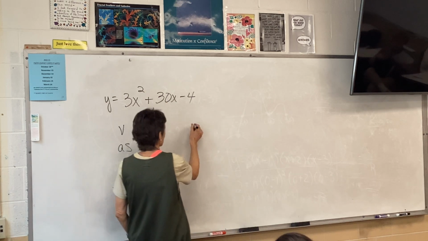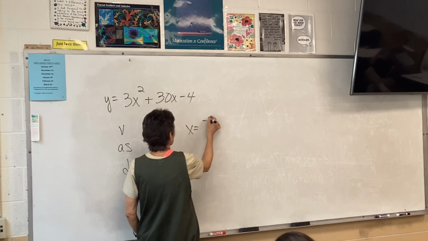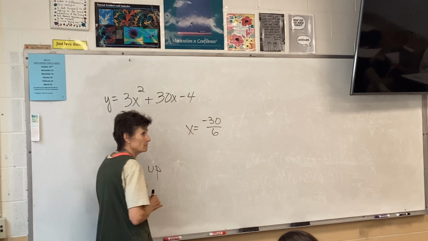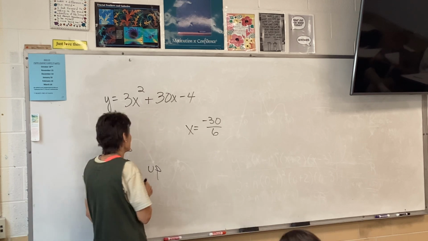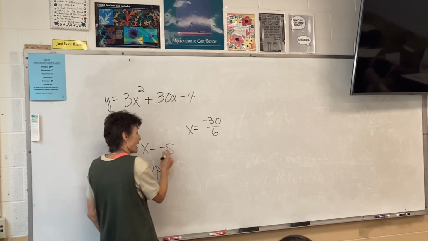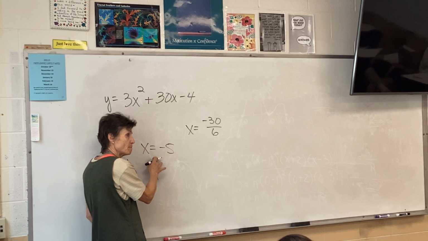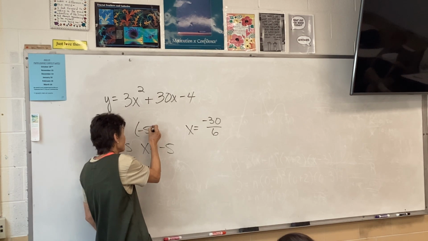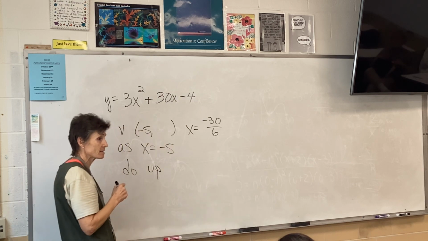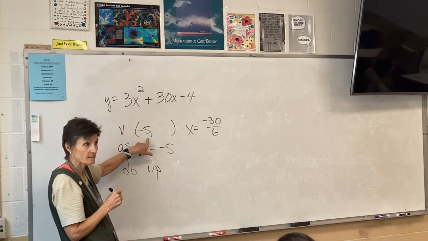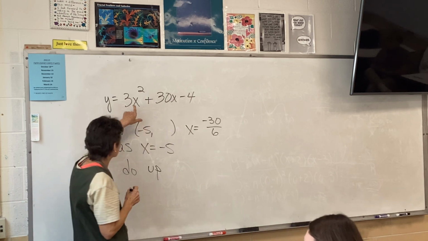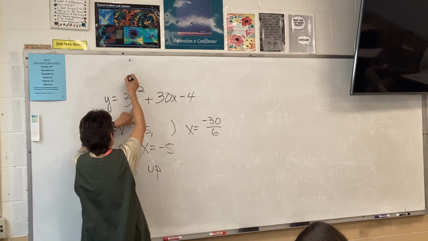x equals negative b over 2a. So x equals negative 5 is my axis of symmetry, and negative 5 is the x coordinate of my vertex. And then what? Plug the x in, might need a calculator for this one.